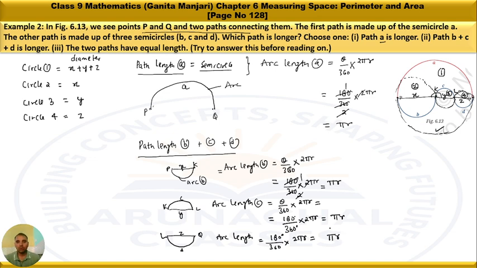Now the point is that in the first circle, the semicircle part, the diameter of the circle is x. So what I will do, pi is multiplied with radius of circle. So here the radius of circle, r, will be equal to what? x upon 2.